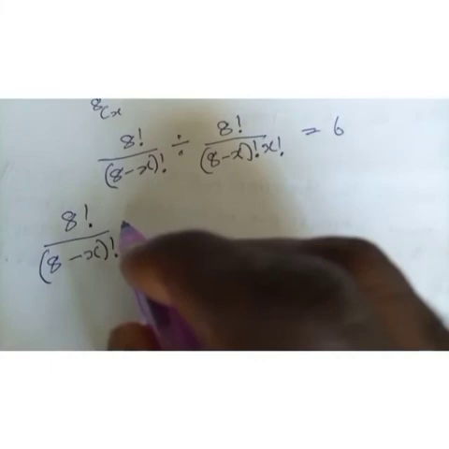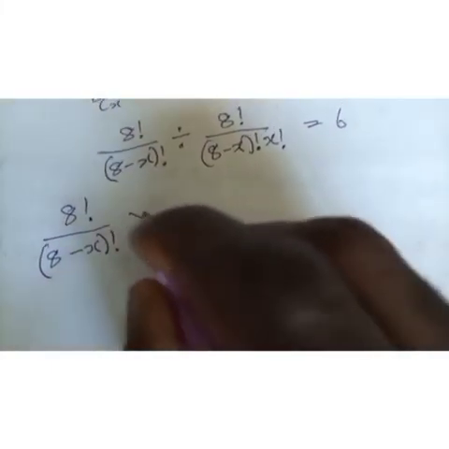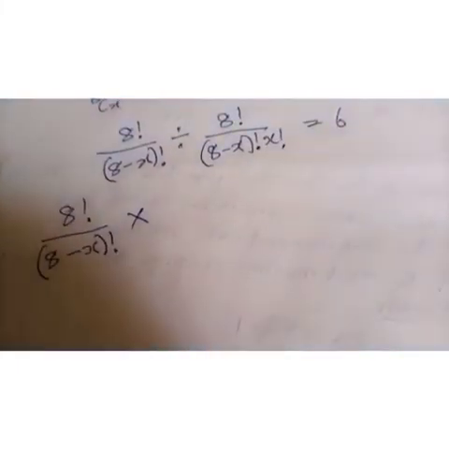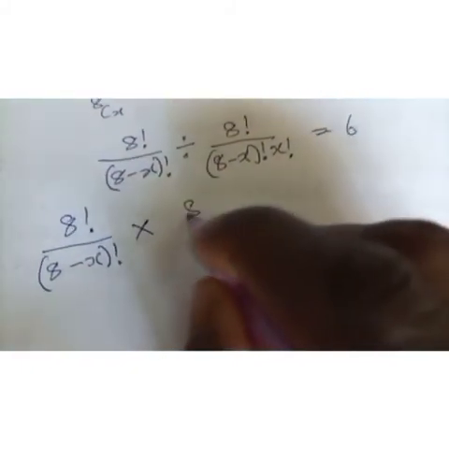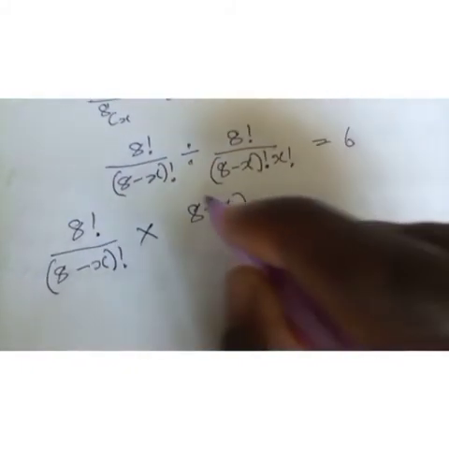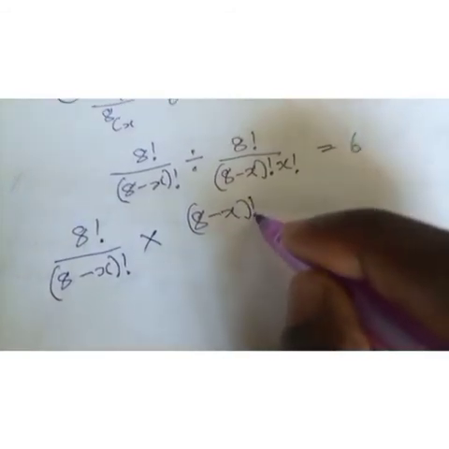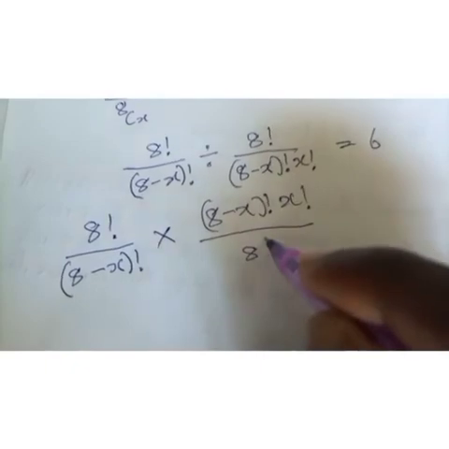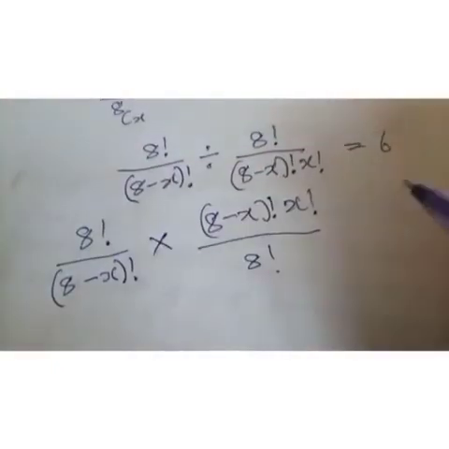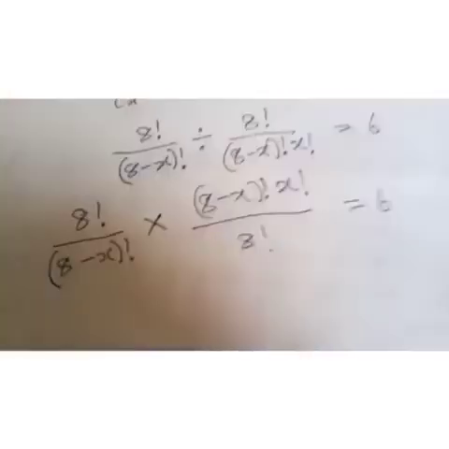Here it will no longer be division, but it will be multiplication. So we multiply 8, this one goes up, this one comes down, and it will be 8 minus X all factorial, X factorial, all over 8 factorial, then equals to 6.